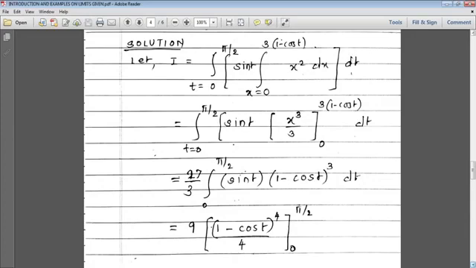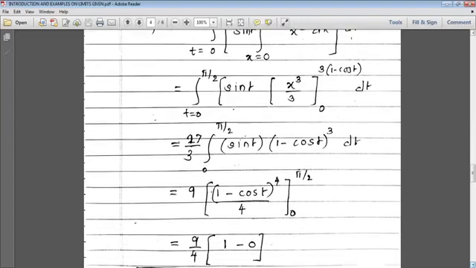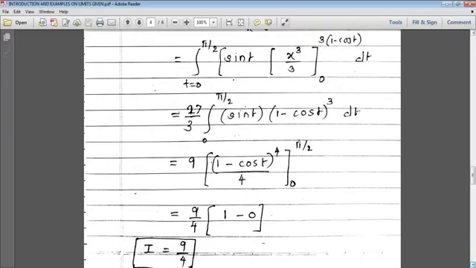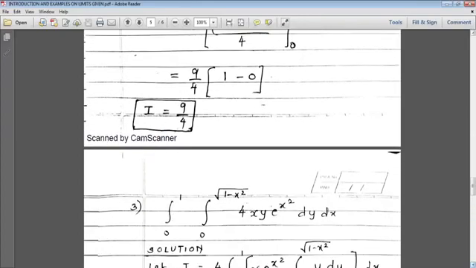The integration of this term is 1 minus cos t the whole raised to 4 divided by 4, and the constant 9 is outside and the limits are 0 to pi by 2. Upon substituting the limits, we get the answer as 9 divided by 4.